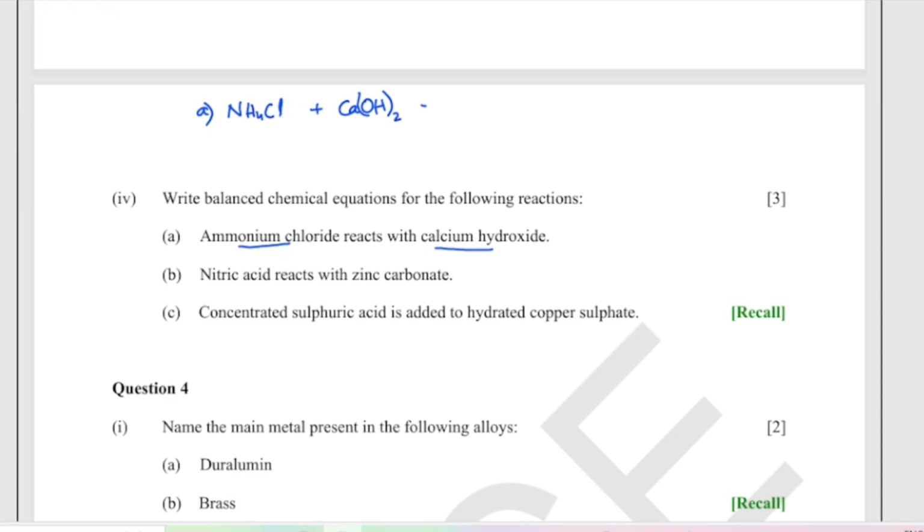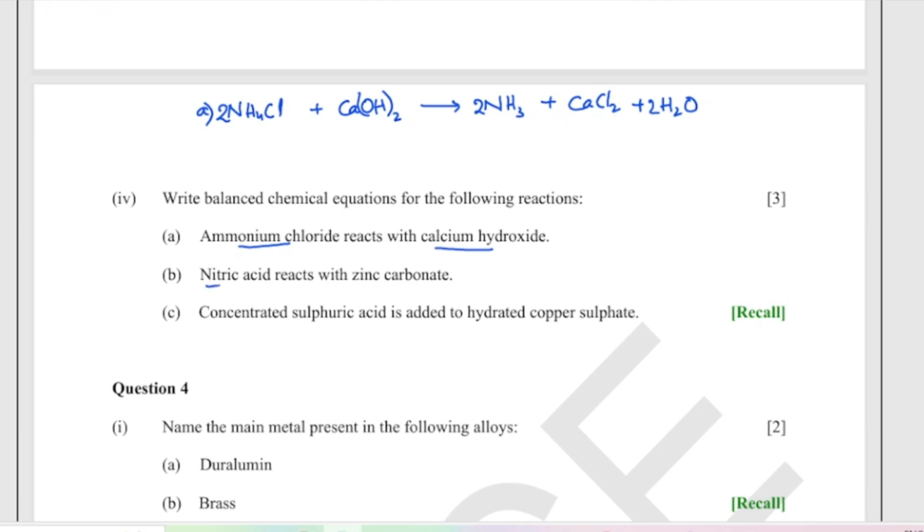Basically this is the preparation of ammonia gas, which gives ammonia gas plus calcium chloride plus water, and while balancing we need to write 2 NH4Cl, 2 NH3, then here 2 H2O.